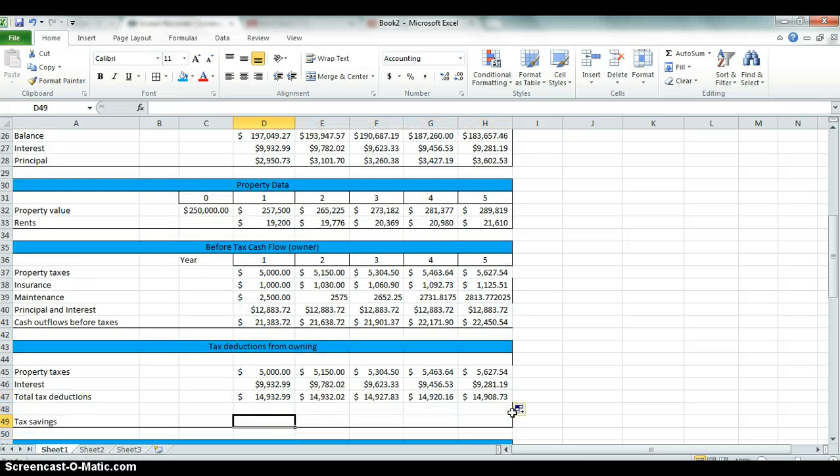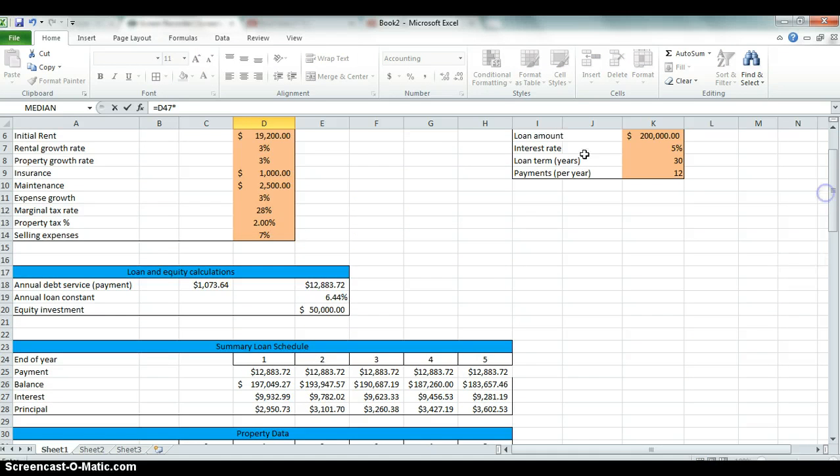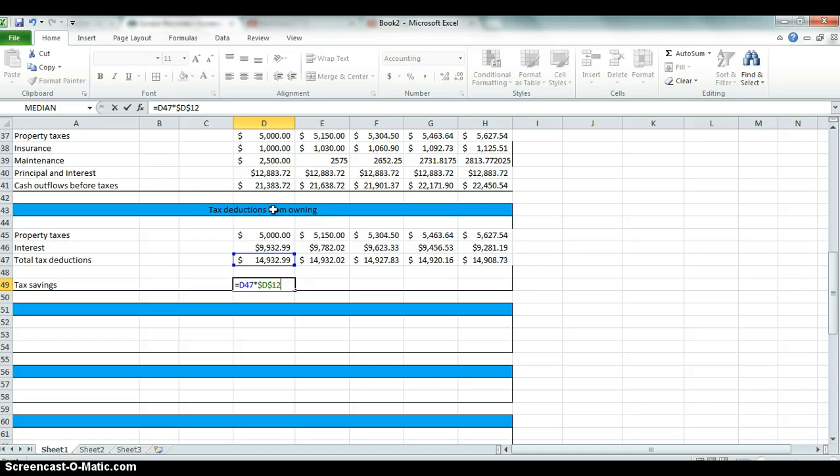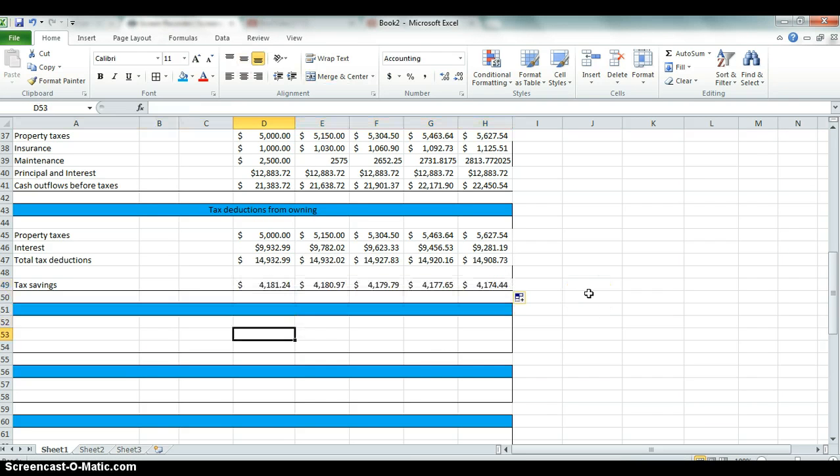And finally, tax savings equals total tax deductions times the marginal tax rate. We're going to lock that one, and then we're going to drag these down. And those are our total savings every year for owning this property.